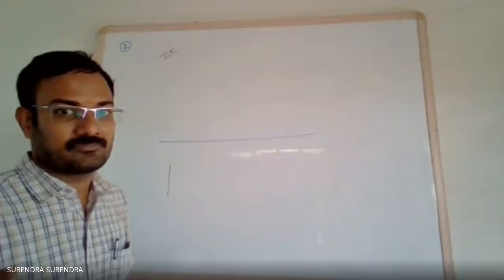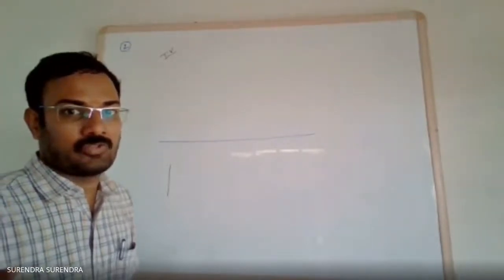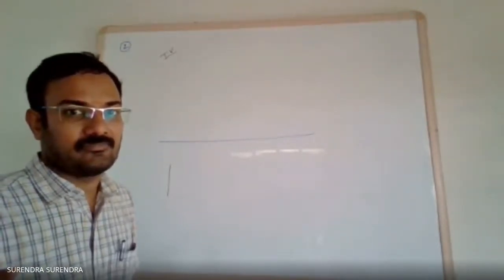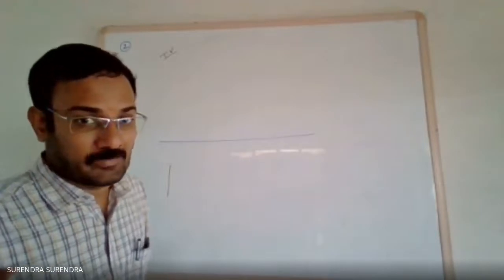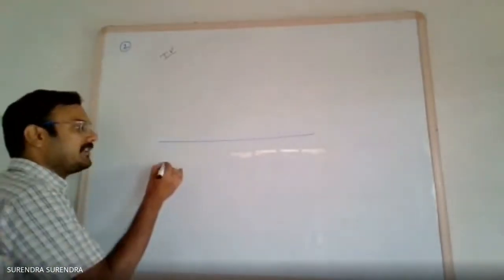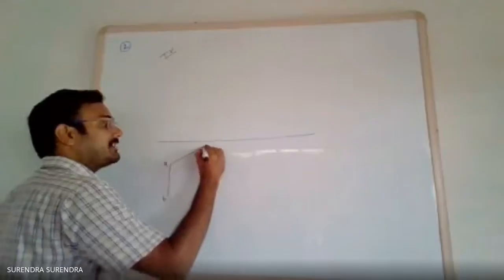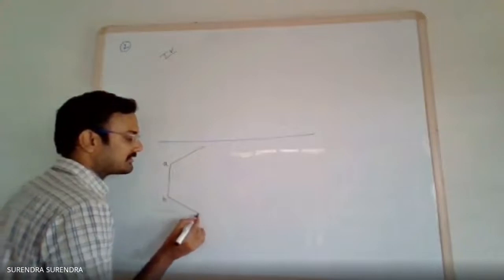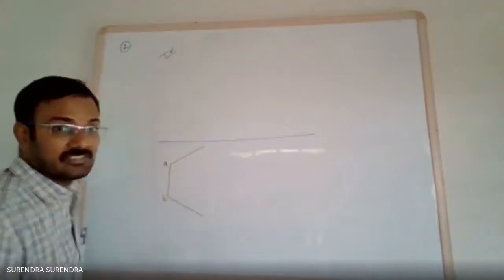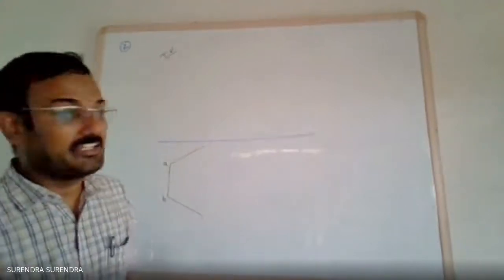Remember? How to draw a pentagon? First, take the protractor. Let these two sides be A, B. Perpendiculars here, 108 degrees. So draw the two lines at 108 degrees.